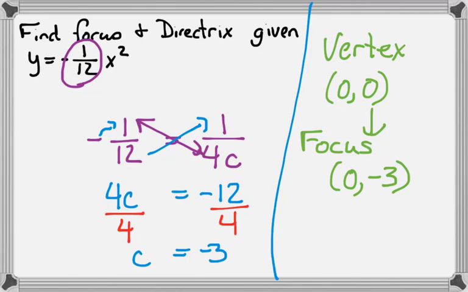And the directrix, whenever we have a parabola that opens up and down, is going to be y equal to opposite c. So in this case, 3. This is if you have the vertex at the origin. If not, you just have to count using a little graph.